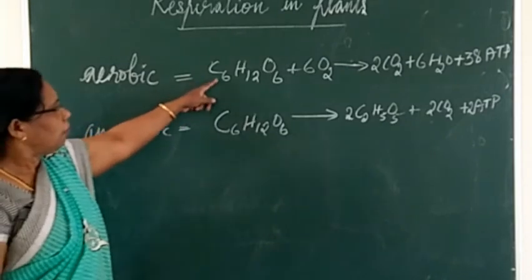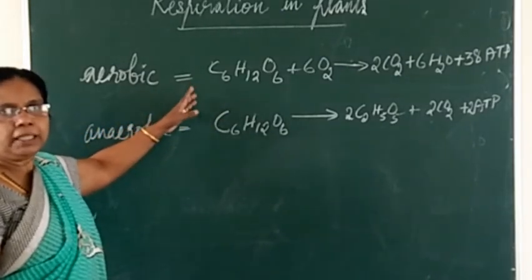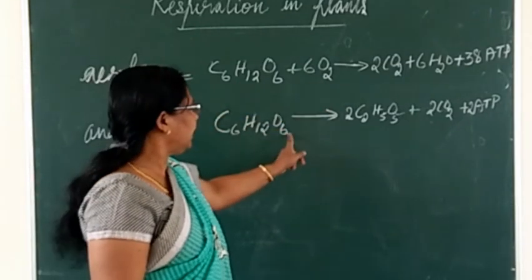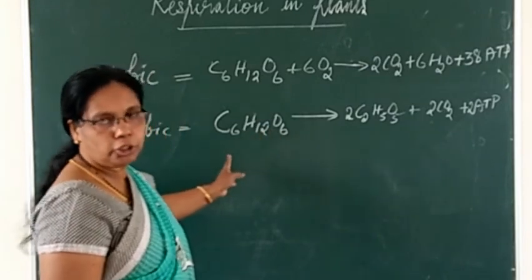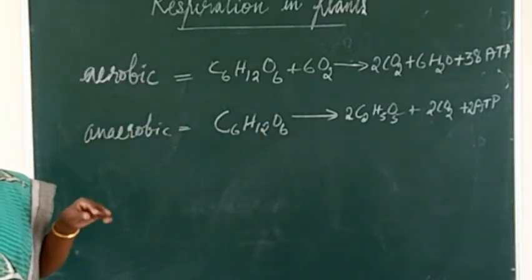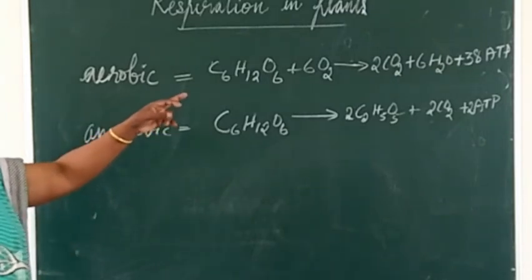Yes, in both, the respiratory material or oxidation material is glucose. Here it is using oxygen, but here it is not using oxygen. In the absence of oxygen, this glucose is breaking down. And what is the end product in the first case?